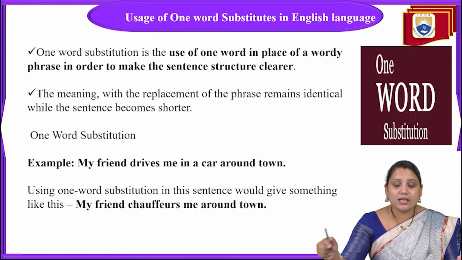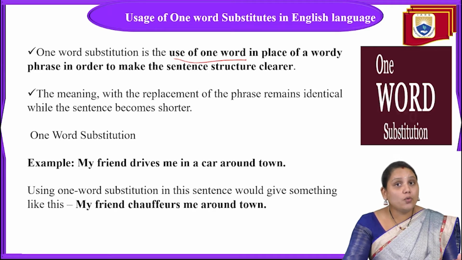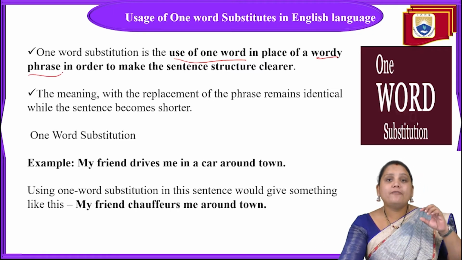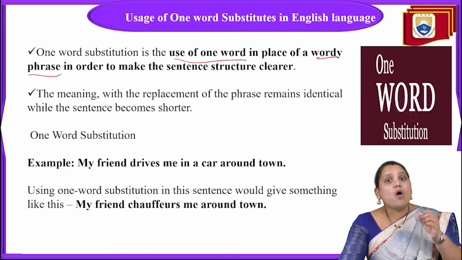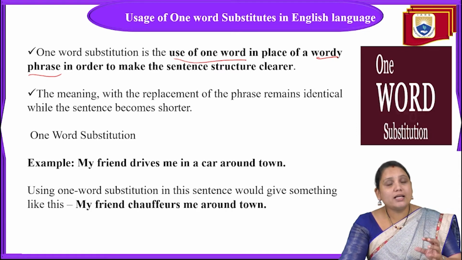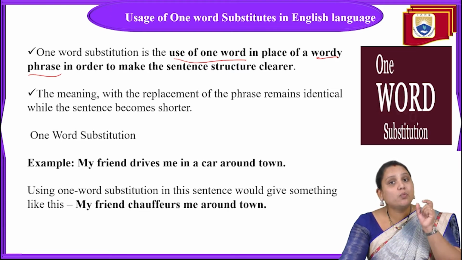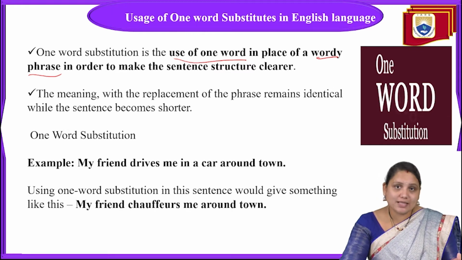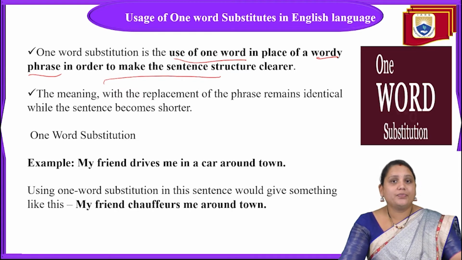Now, let us see. One-word substitution is the use of one word in place of a wordy phrase. That is, a phrase equipped with two, three, or four words can be replaced with one word. Such is the use of a one-word substitute, in order to make the sentence structure clearer.